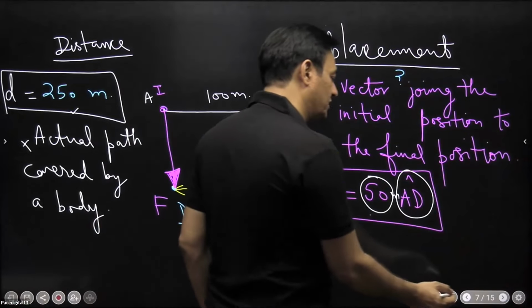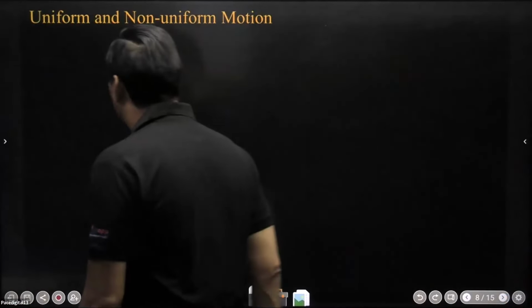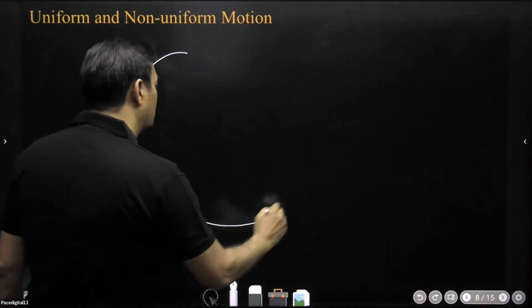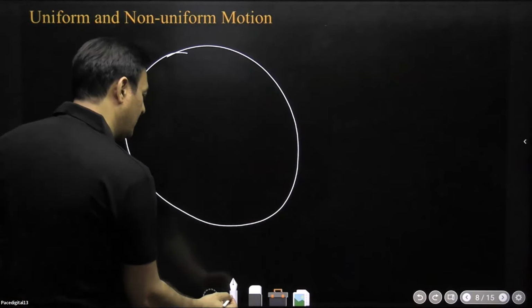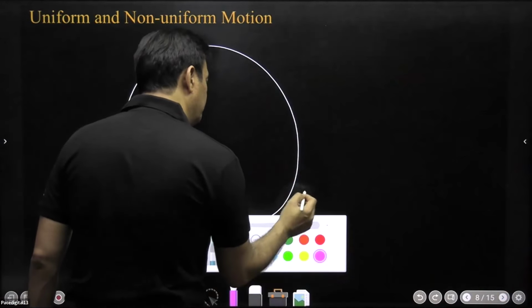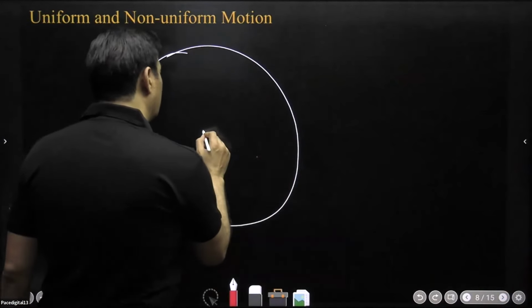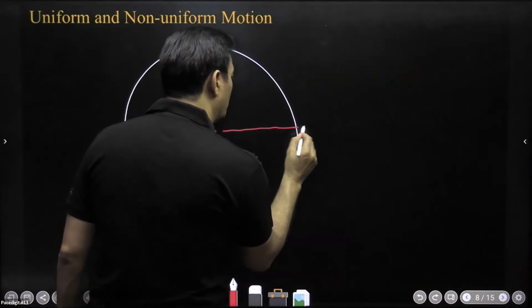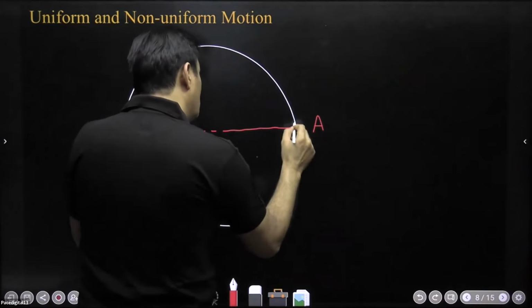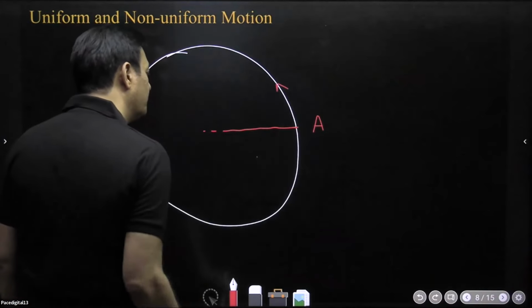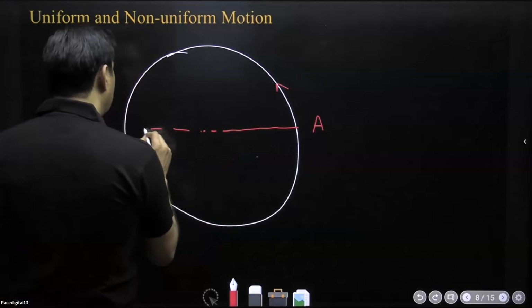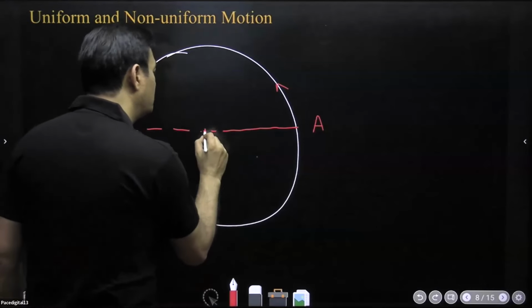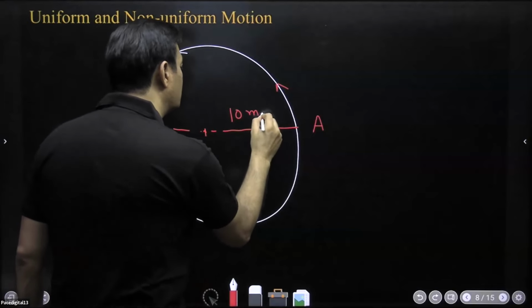My next question is, there is a body which is moving in a circular motion. This body starts from this point A. It goes around the circle in this direction and reaches B. The radius of this circle is 10 meters.